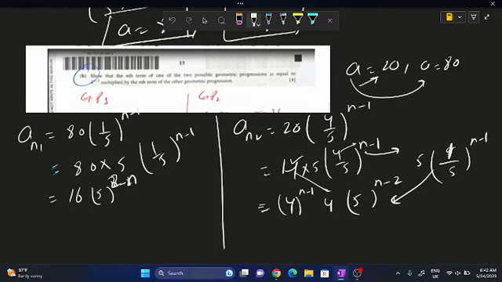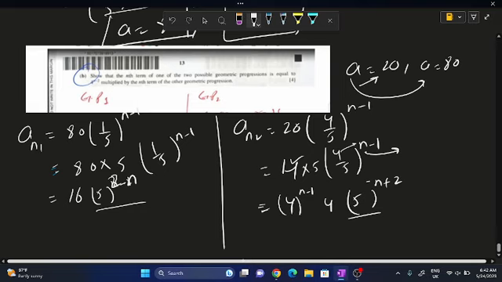Nothing else, the basic maths only. Anyway, that gives me 4 times 4 whole raised to the power n minus 1 times 5 whole raised to the power 2 minus n. Now this is the same, 5 raised to the power 2 minus n.